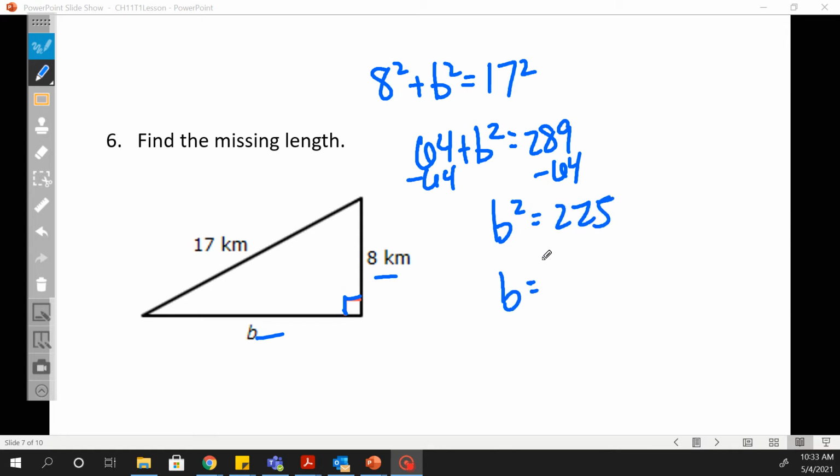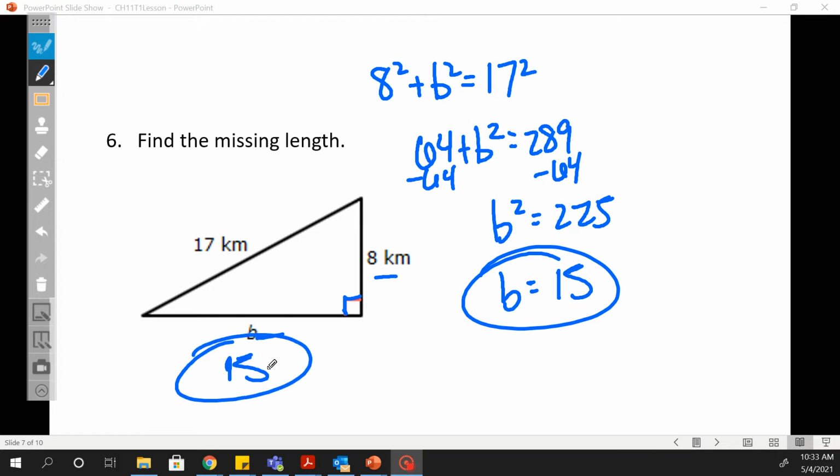And square rooting both sides, the square root of 225 is 15. So this side right here is 15 kilometers, because our units here are kilometers.